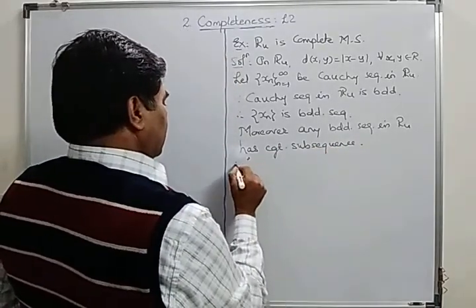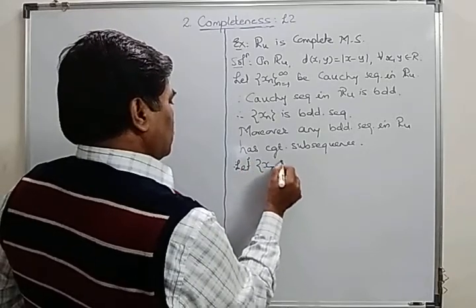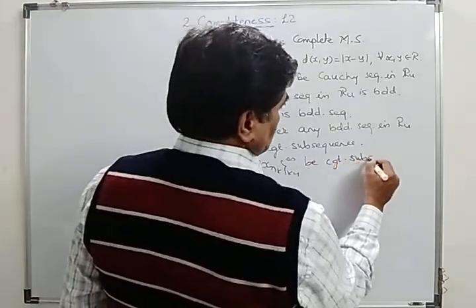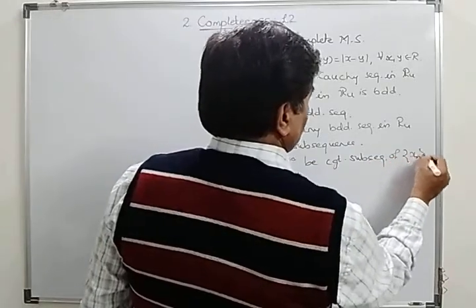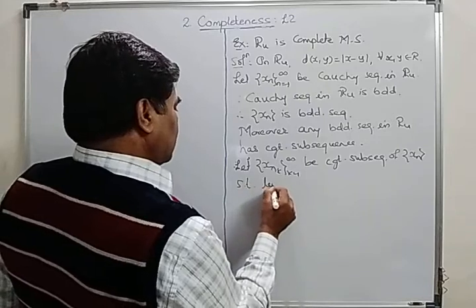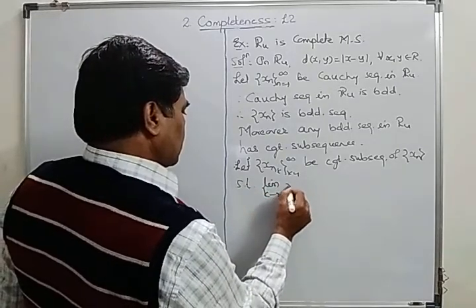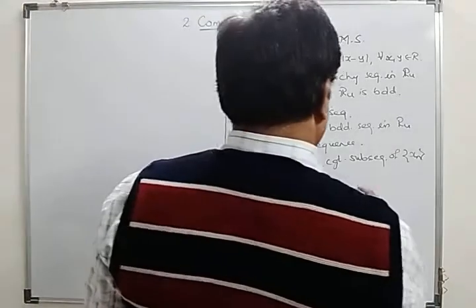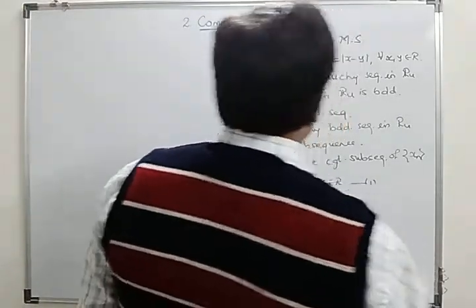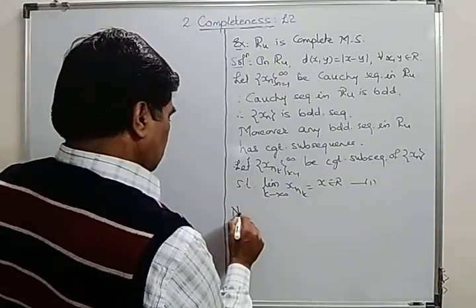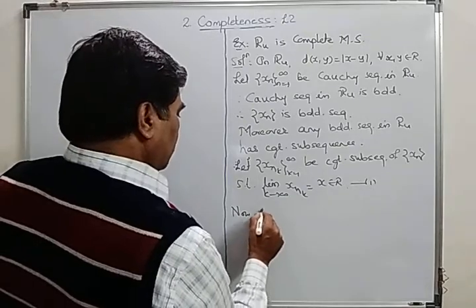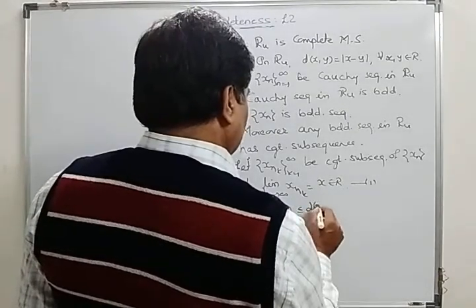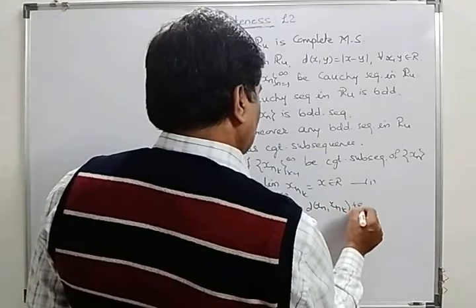So let (x_nk), k = 1 to infinity, be a convergent subsequence of (x_n) such that the limit of x_nk is, say, x belonging to R. Now d(x_n, x) is less than or equal to d(x_n, x_nk) + d(x_nk, x).